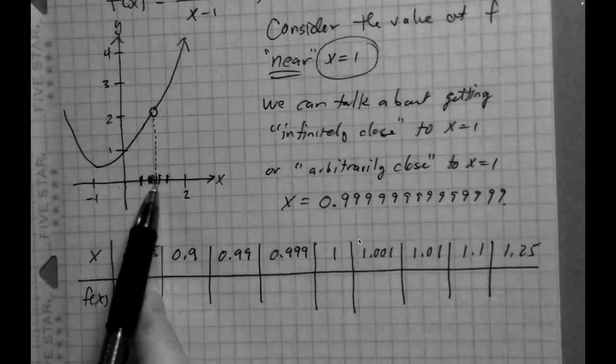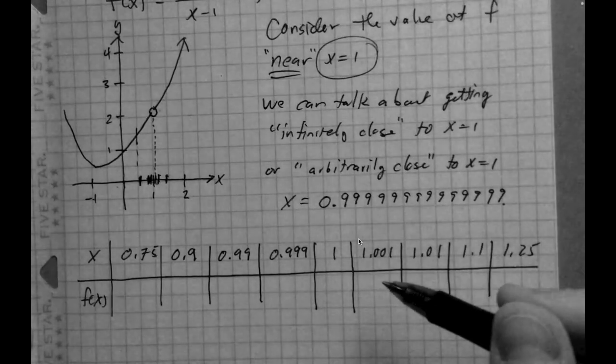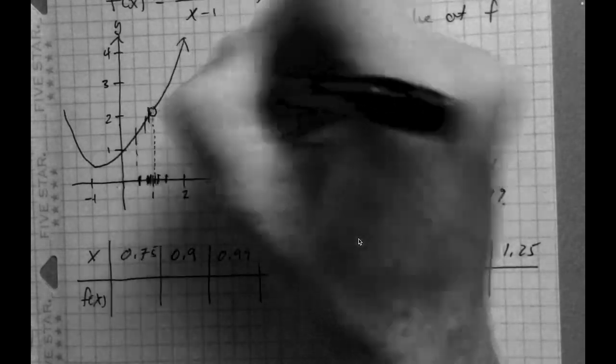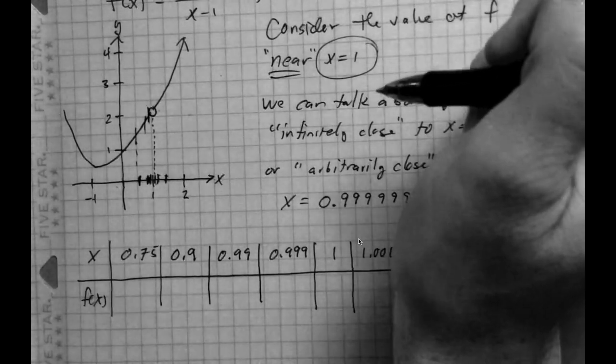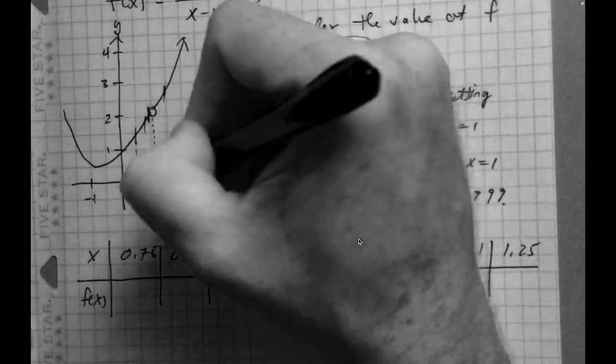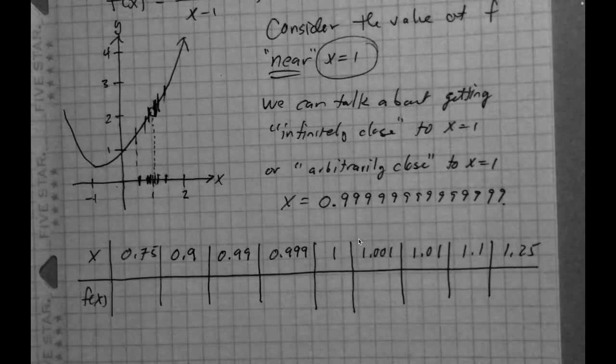Now, at each of those values, you can see what happens with the function, right? First it's there, then it moves over to here, then it moves over to there, gets progressively closer to the hole in the function. And the same thing on the other side, right? It starts out there, and then it gets closer, and then it gets even closer, and then it's right up on top of that hole.